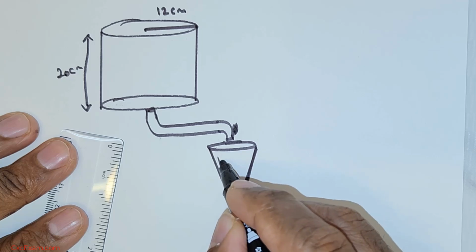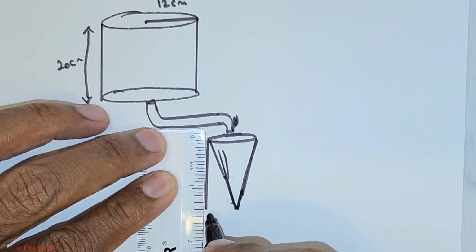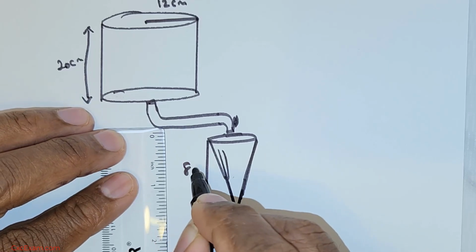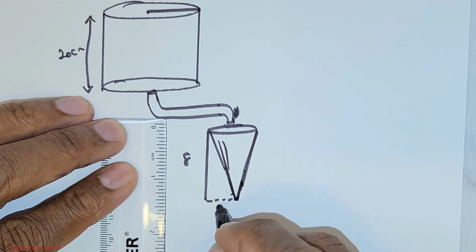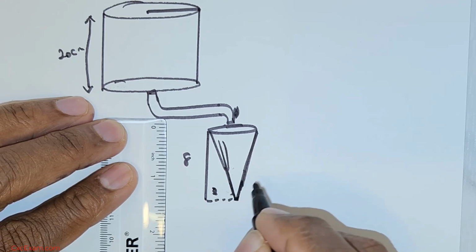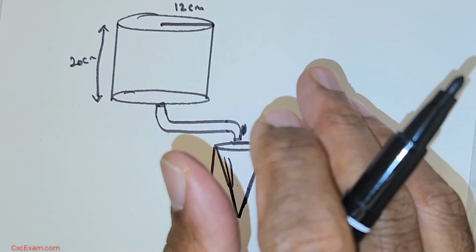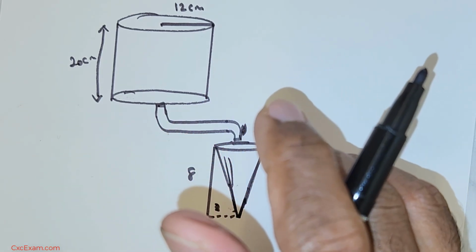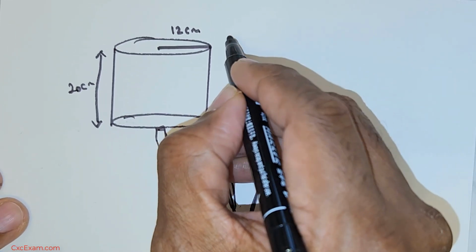Okay, so this height is 8 cm and this distance is 3 cm. Okay, with all these being said and done, let me give you the question. So I'm going to write the question.